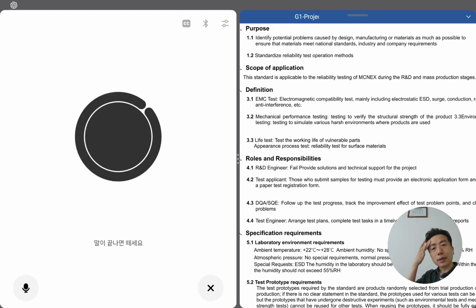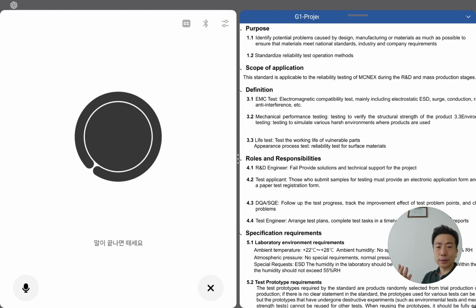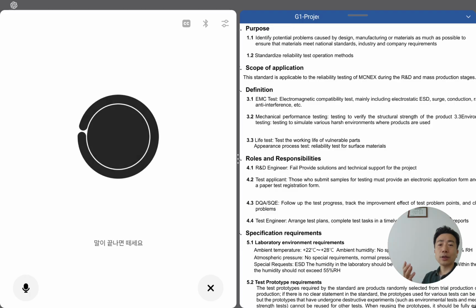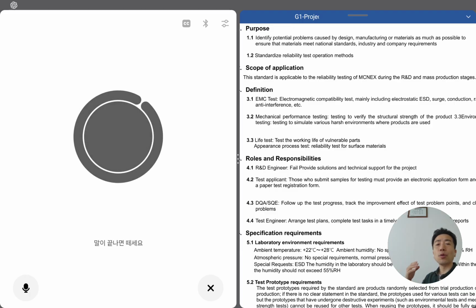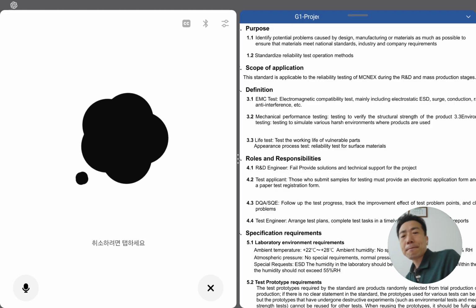So in this context, I prefer using tasks instead of steps. So let me say one more time. I always focus on avoiding missing items or missing tasks in our work process.